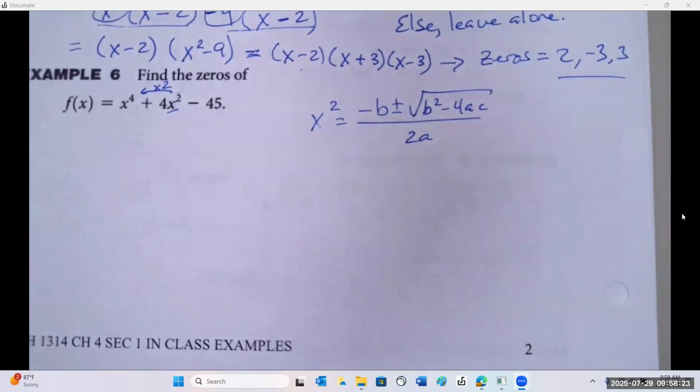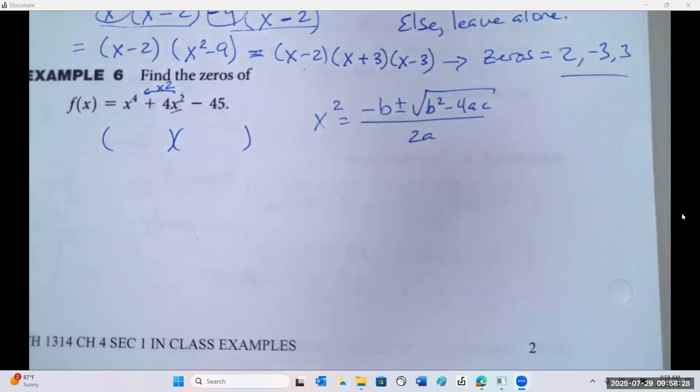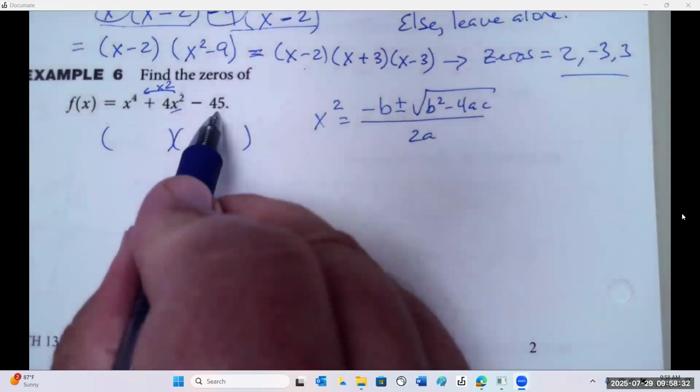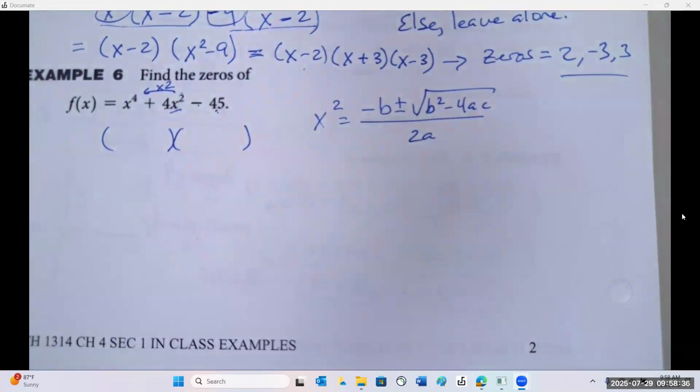That's if you're using the quadratic formula. But you can also factor this one. What times what is 45, when you subtract them, you get 4? 9 and 5. Again, where's that little multiplication sheet I gave you all? So if you don't know your multiplication table.